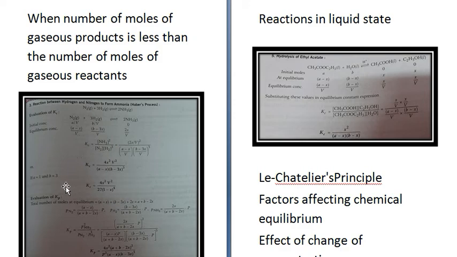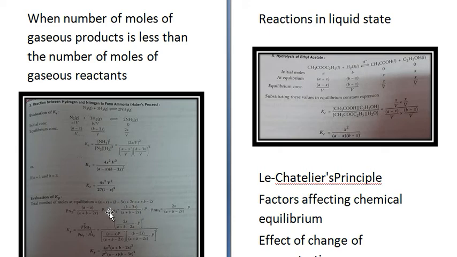If a is 1 and b is 3, Kc will become equal to 4x square V square divided by 27 into (1 minus x) to the power 4. And if you have to calculate Kp, the total number of moles at equilibrium is (a minus x) plus (b minus 3x) plus 2x. That becomes equal to a plus b minus 2x.